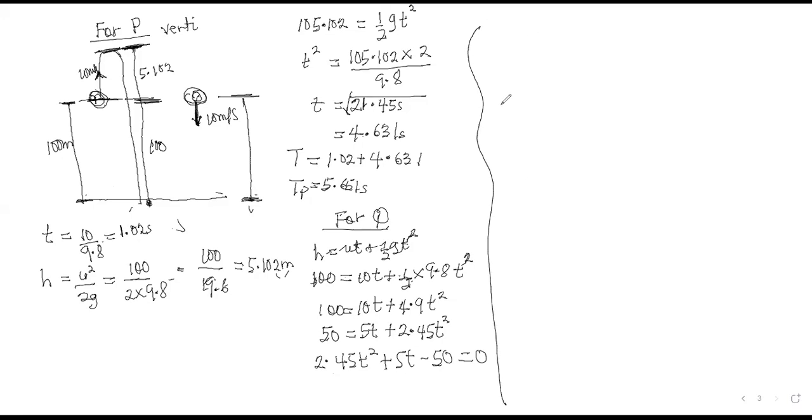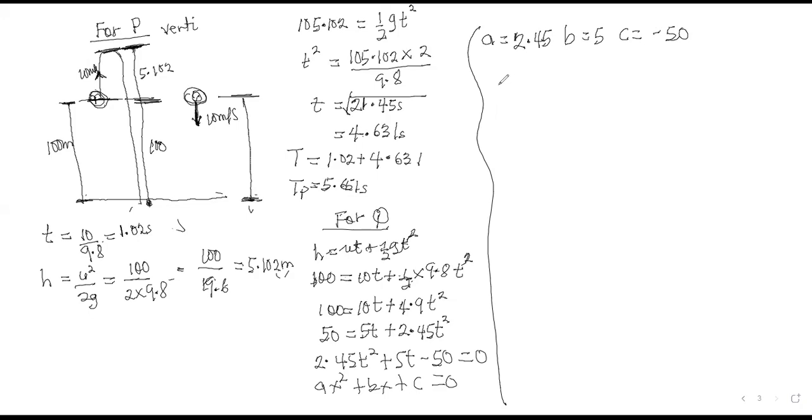And so when you compare to ax squared plus bx plus c is equal to 0, A is equal to 2.45, B is equal to 5, C is equal to minus 50.